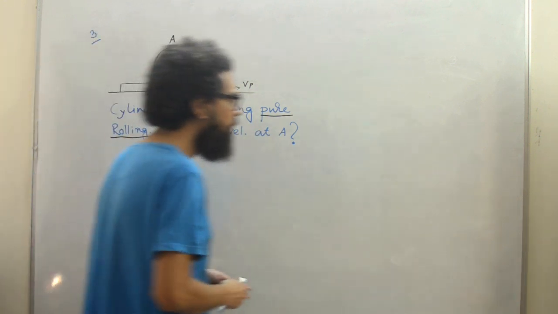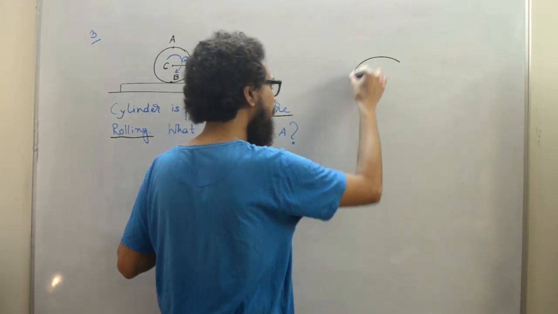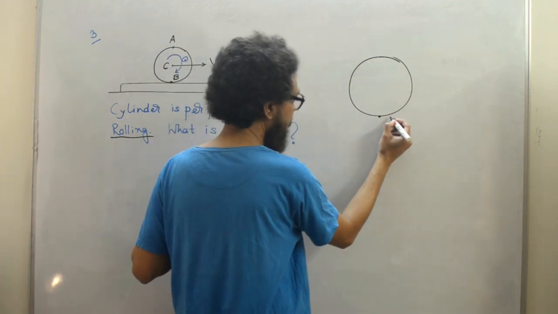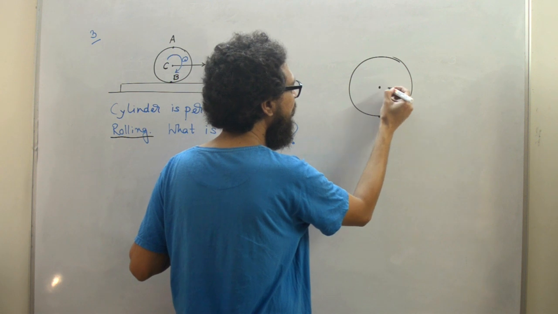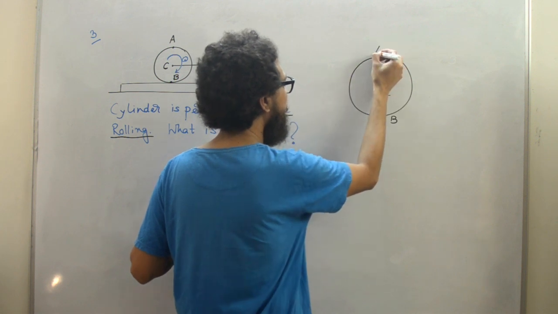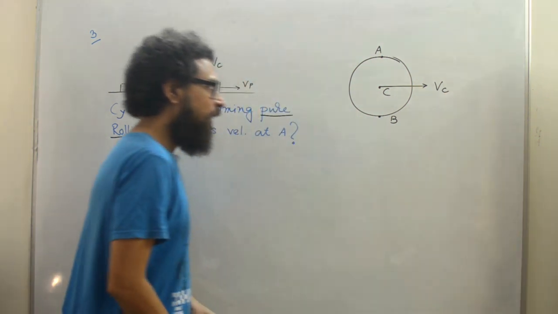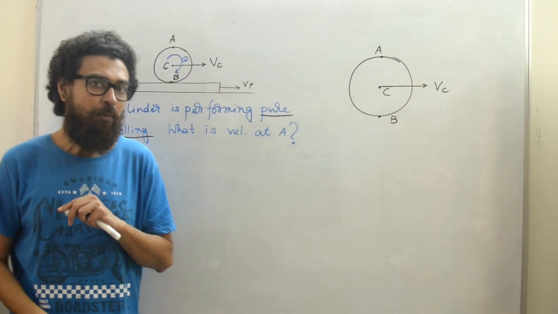Because of one thing. Let me draw the cylinder again, I mean the vertical cross section of the cylinder, because it is very important. We have 3 points for rolling motion which are very important, which is the center of mass, VC. Do you know this concept?